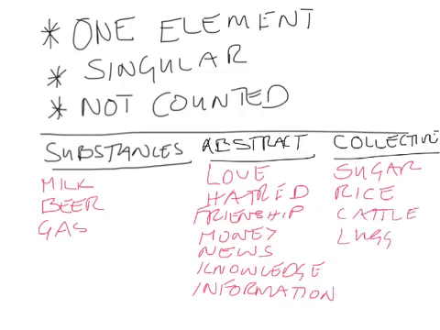Luggage. So, for example, the word luggage here. Luggage consists of several suitcases. Cattle consists of several different animals, cows, and 100 cows becomes the cattle of the farmer.